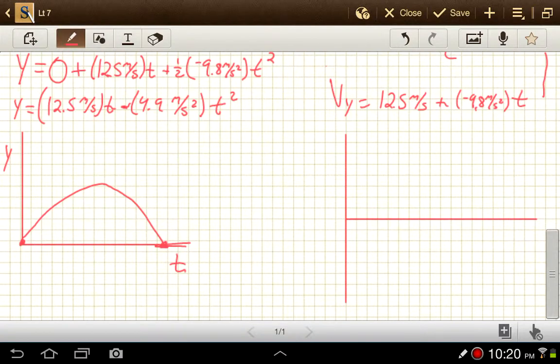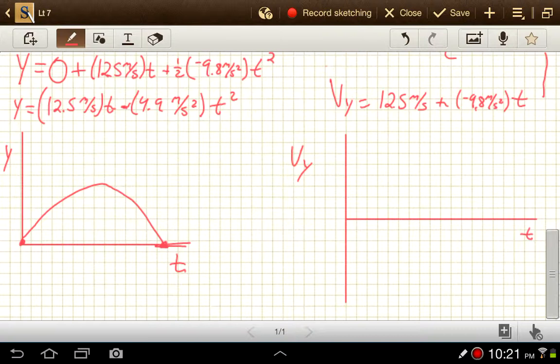But this one will look a little bit different. After 1 second, the velocity in the y direction is going to be down to 2.7 meters per second, so 12.5 minus 9.8 times 1. After 2 seconds, negative 9.8 times 2 is negative 19.6, which has a greater magnitude than the 12.5, so our velocity is actually going to go negative.